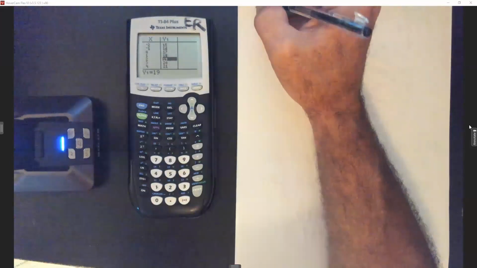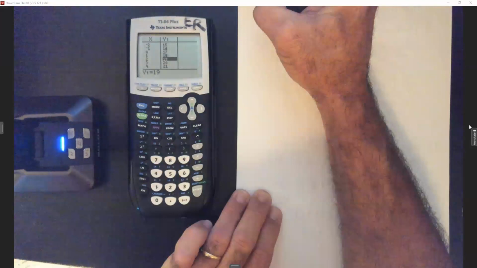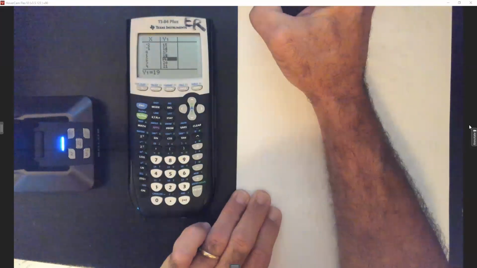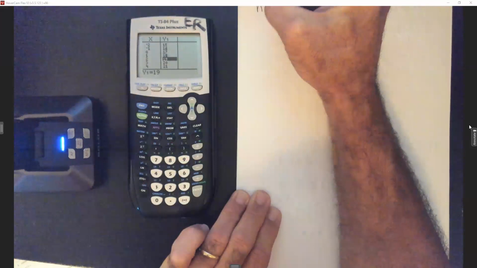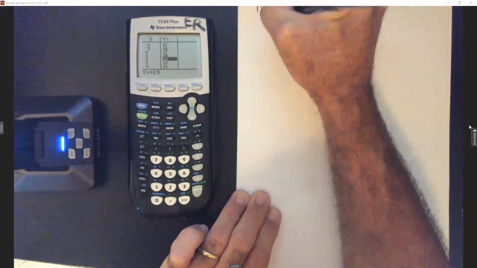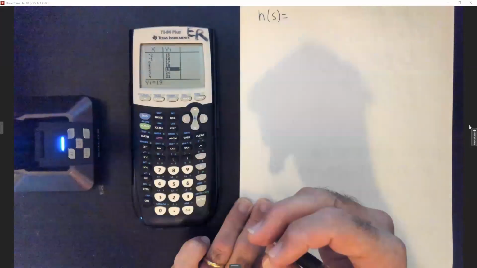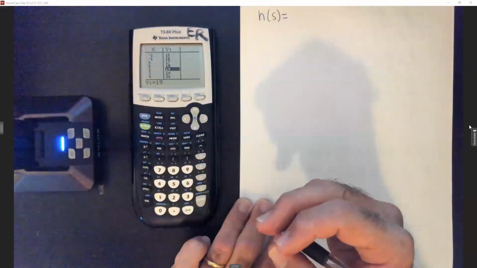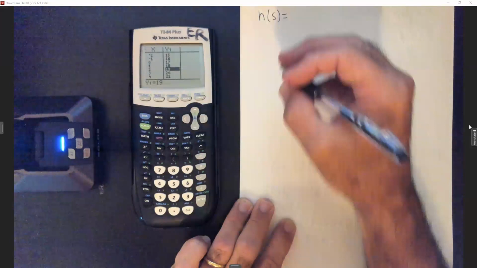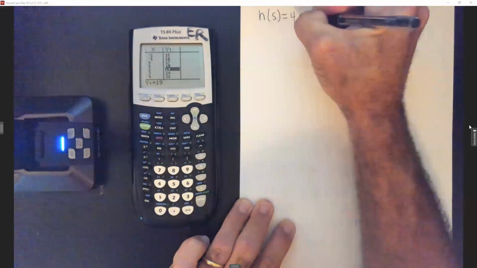All right, so this is the same thing. This time they're giving us h of s equals 4s plus 8.